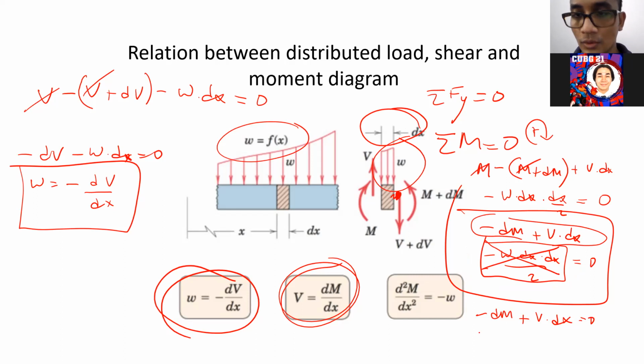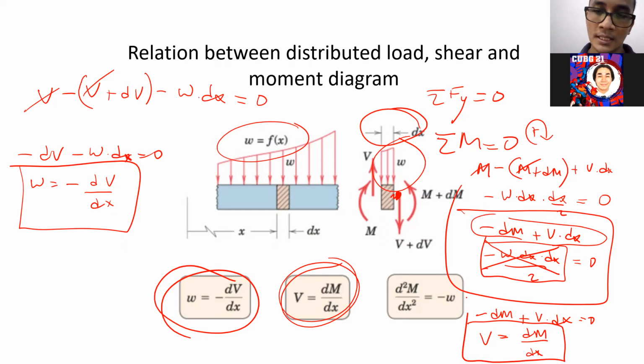So V is equal to dM per dx. This is our relation between the internal shear force and the internal moment: the derivative of the internal moment over x results in the internal shear force.